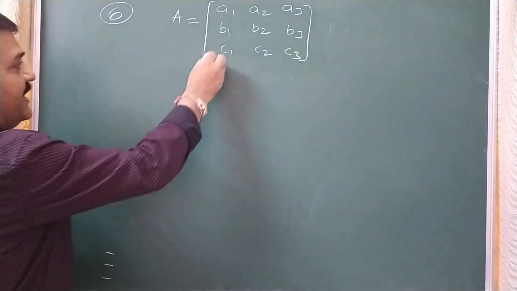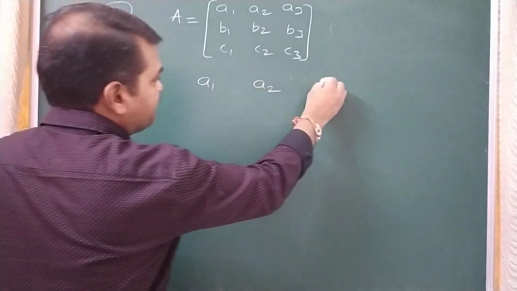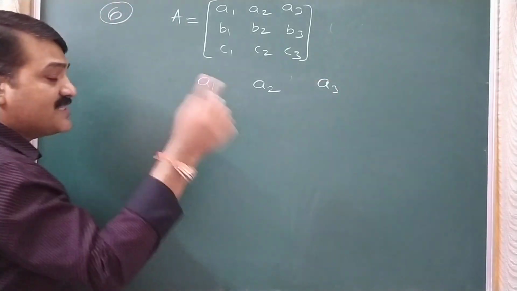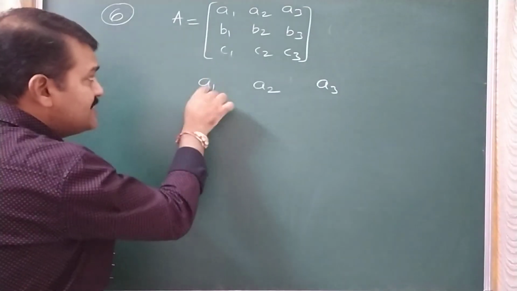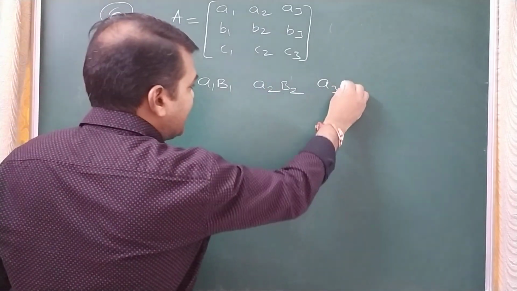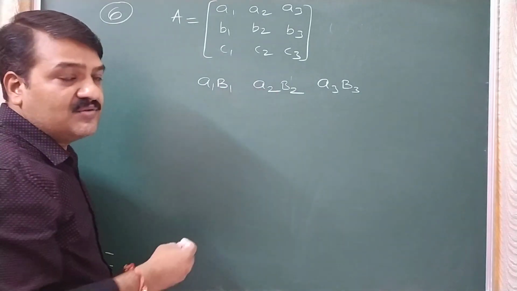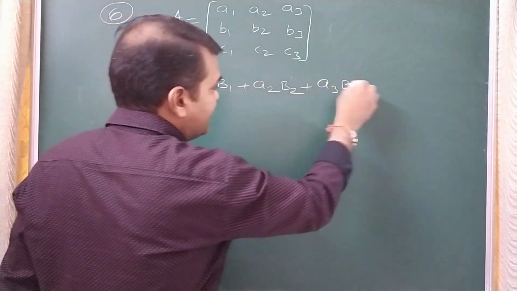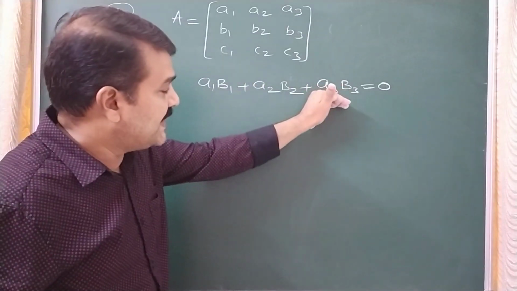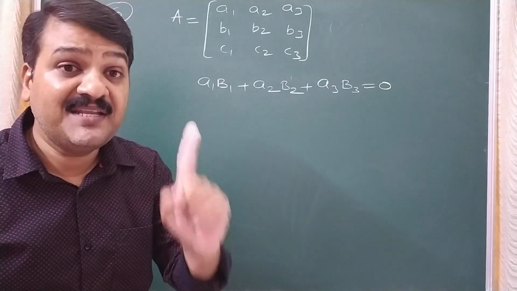So for example, if I take first row elements and the sum of the products of these with second row cofactors, capital B1, B2, B3, what are they? Cofactors only. If I am doing like this, it will always be 0. So if I take same row elements, multiply with same row cofactors, that will be the det A formula.